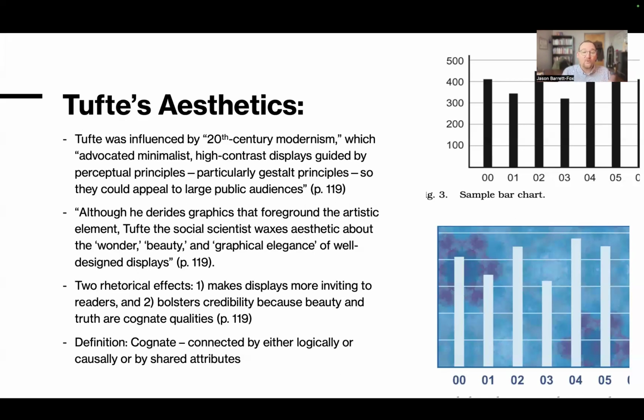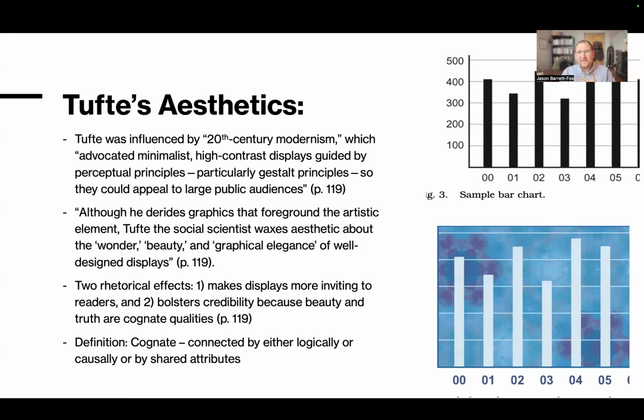So there are two rhetorical effects here that you might want to keep in mind when you're creating these data visualizations. The one is make your displays inviting to readers, and you do that by not making it too complex, but just by helping the reader enjoy looking at it, whatever that means. There are plenty of design elements that can go into that. And you see a difference between the top chart and the bottom chart.